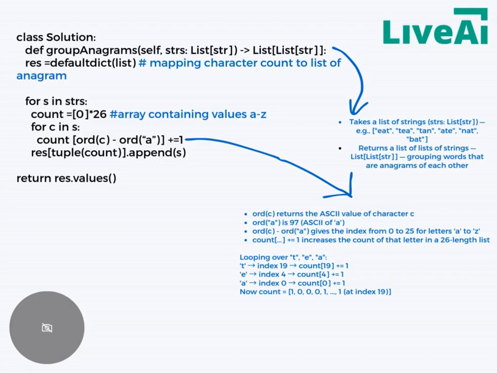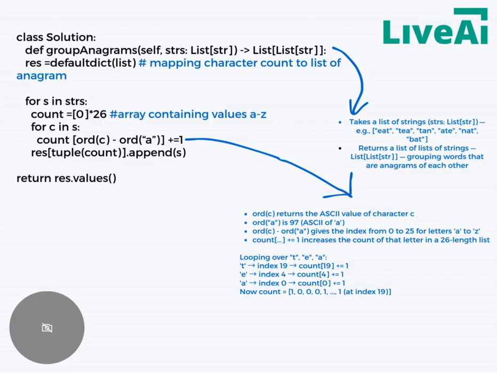When I'm trying to form this array of length 26, a always becomes index position 0, b becomes 1, c becomes 2, and so on.